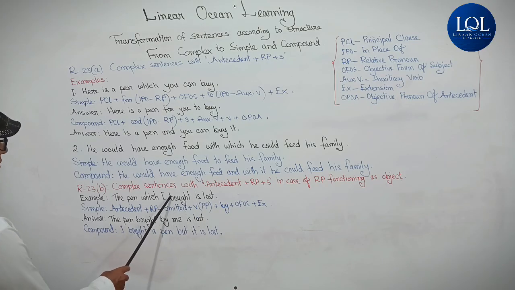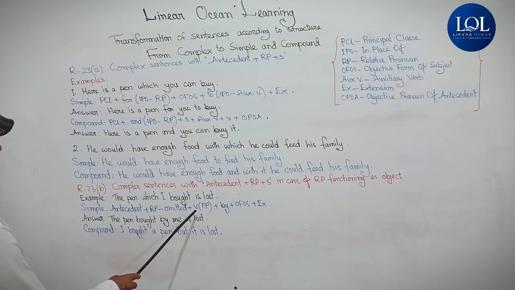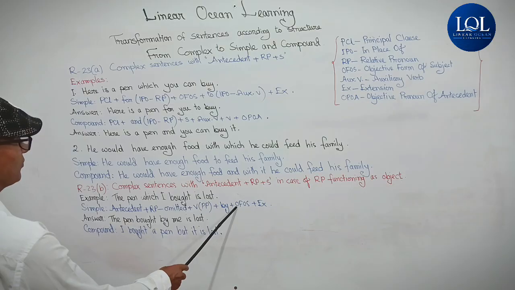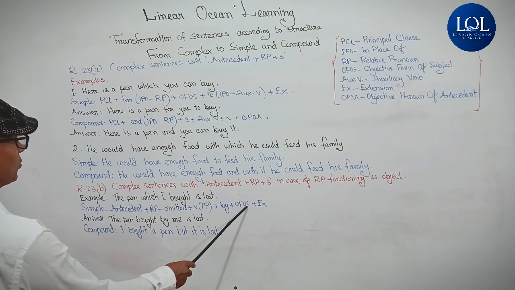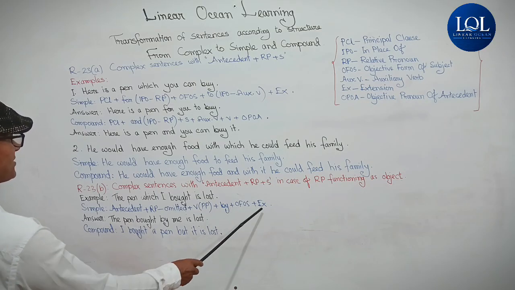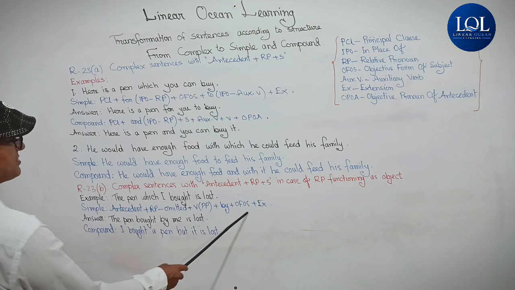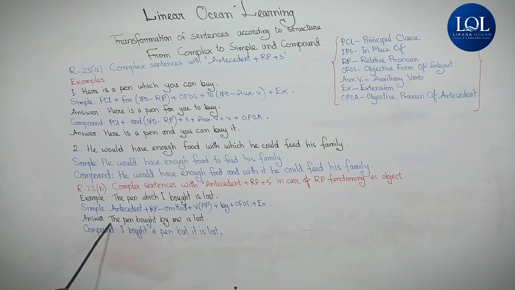"I bought": this one is V2 and its past participle form is "bought", plus "by", plus the objective form of the subject or objective pronoun of the subject, plus extension. That means it has gone to passive voice. Answer: The pen bought by me is lost.